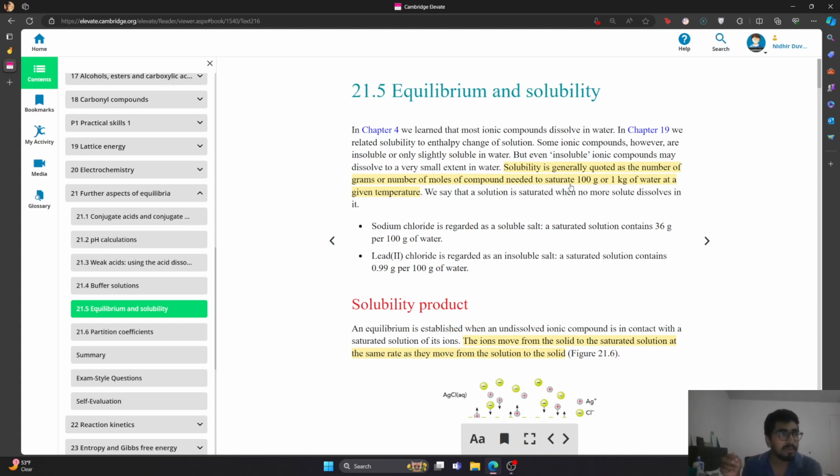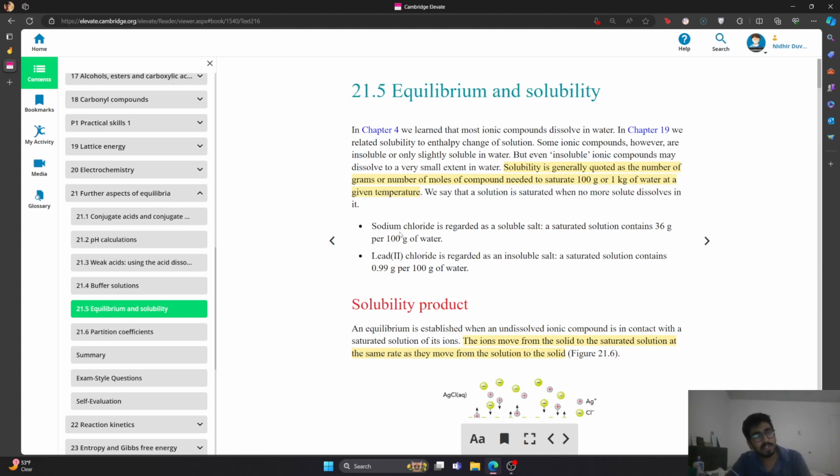At some point, after some point, it will stop dissolving. When it stops dissolving, that is when you call the solution saturated. So solubility can be defined as till what point you can continue to dissolve, and after that it saturates.